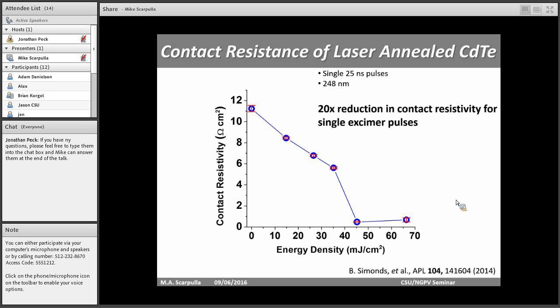So you can see around that value of between 40 and 50 millijoules per centimeter squared, we really see a very drastic change in the contact resistivity. It drops by at least a factor of 10, a factor of 20 from the untreated value. So this was a nice indication that we were reducing the contact resistance.